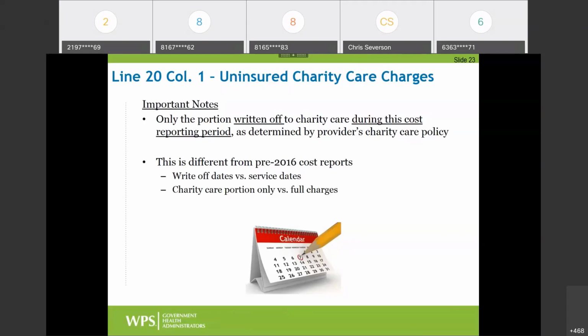And when I say it should be considered charity care, maybe that's a little bit of a misstatement, because the way the cost reporting instructions read, they do separate it out. They say report your charity care and/or uninsured discount or self-pay discount. So CMS does see those as two separate things, but they're both allowed in the charity care line 20. So that might be the best answer for that one.